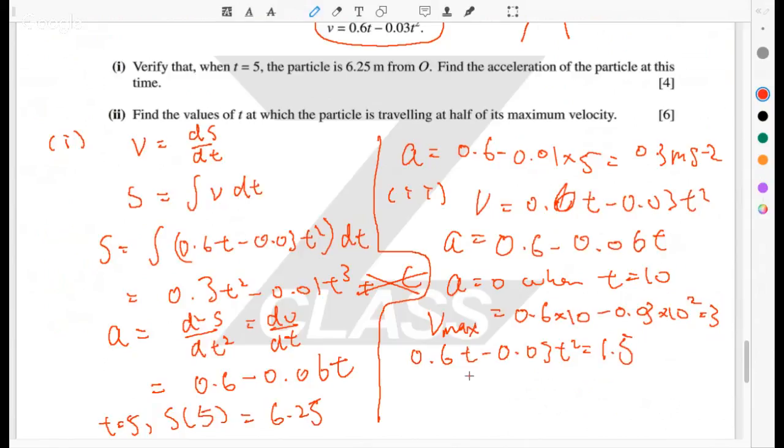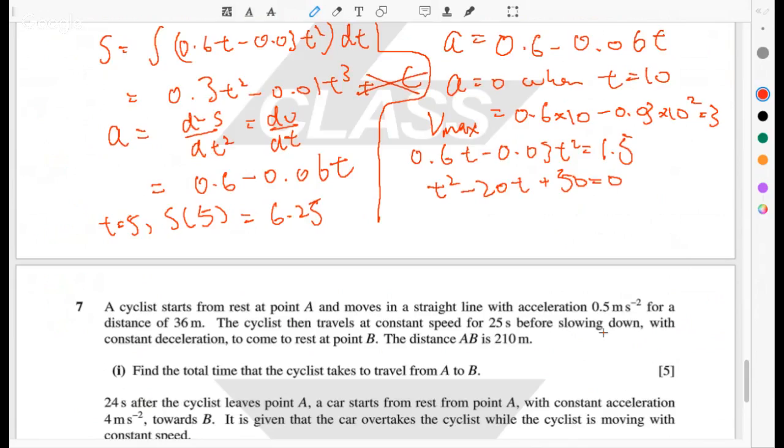So that's 1.5. And that will give you a second order equation in t. And after solving this equation, you'll find that t is 2.93 or 17.07.